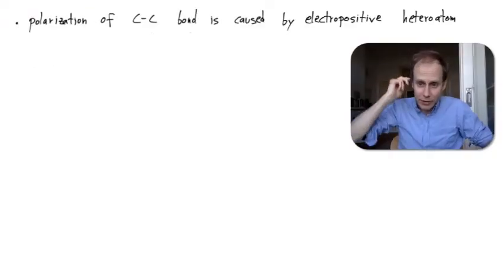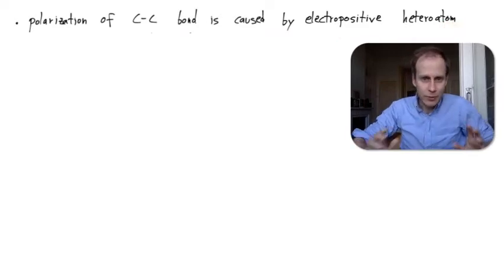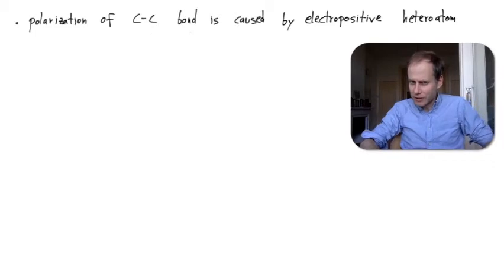Then there is the second inductive effect, where the C-C bond polarization is caused by an electropositive heteroatom. Generally the electronegativity of carbon is already low, so there are only very few elements that have a lower electronegativity than carbon.